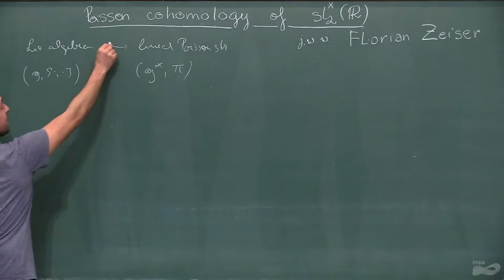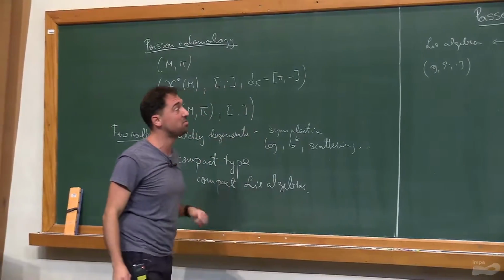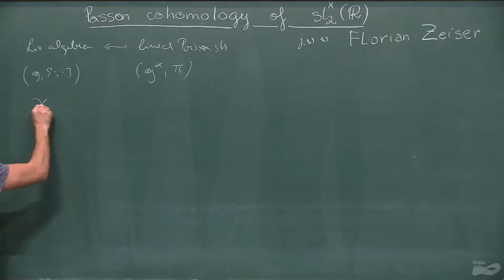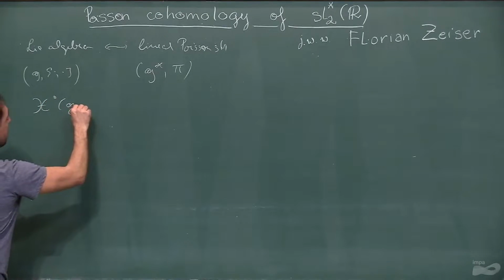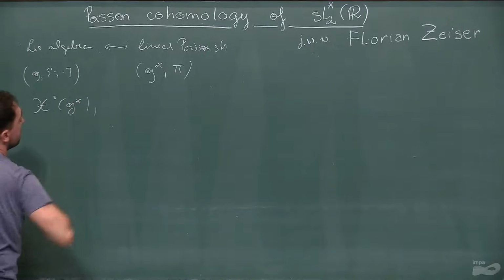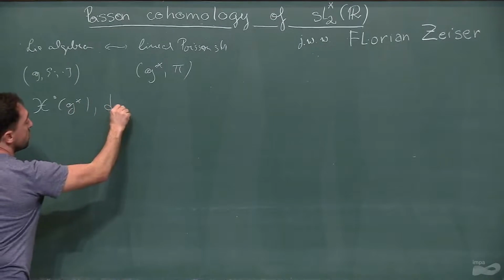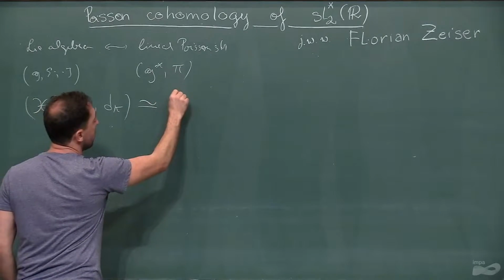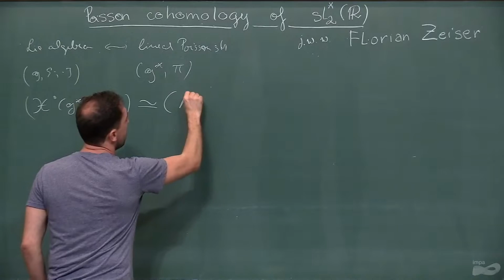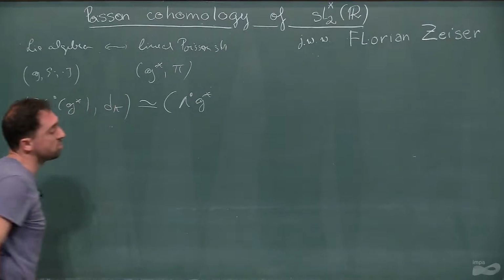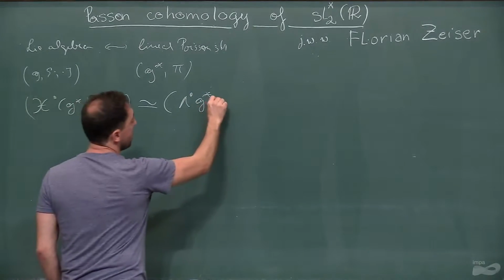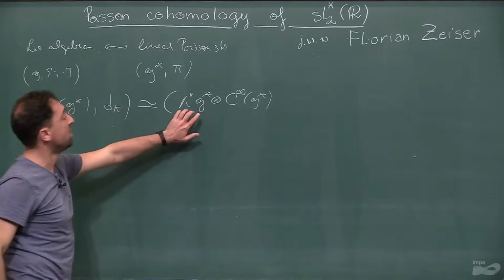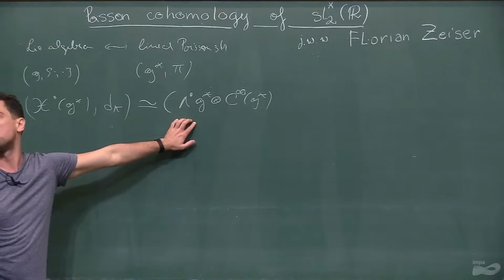And in this case, at least the Poisson complex, you can write it in a very Lie theoretical way. So the space of multi-vector fields on g*, together with the Poisson differential as a complex, is isomorphic with the space of forms on g, so exterior powers of g star, tensor smooth functions on g star. This really comes from viewing multi-vector fields as constant multi-vector fields.